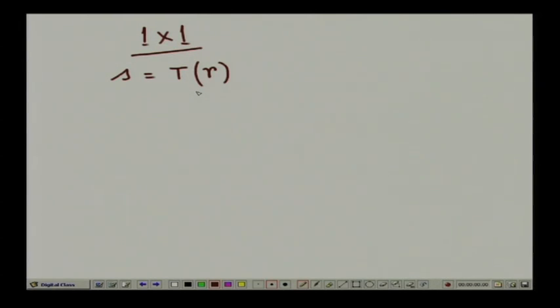So, this transformation function simply becomes s = T(r), where s and r are independent pixel values at different locations.